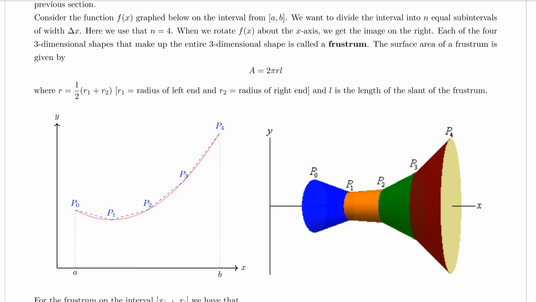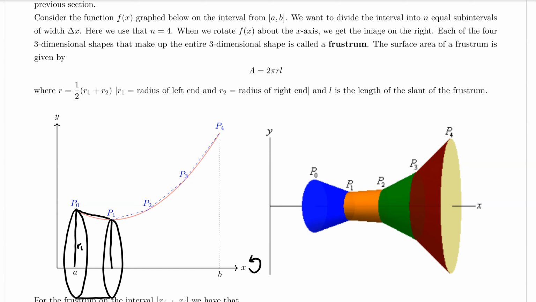So what we're doing is we're taking this shape, rotating it about the x-axis, and if we do that, we get kind of this figure here, and then it's connected like that. In this scenario, r1 is this value here, and r2 is this value here. And so what we are doing is finding the surface area of each of these 4 frustums.